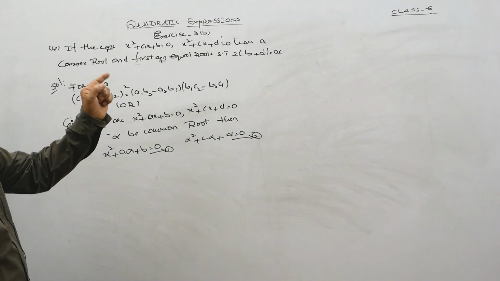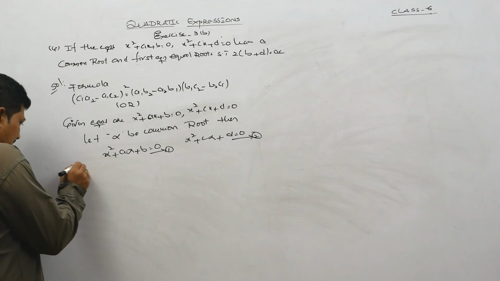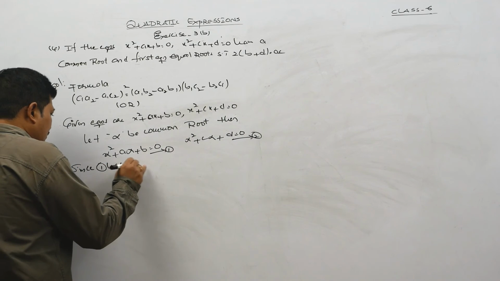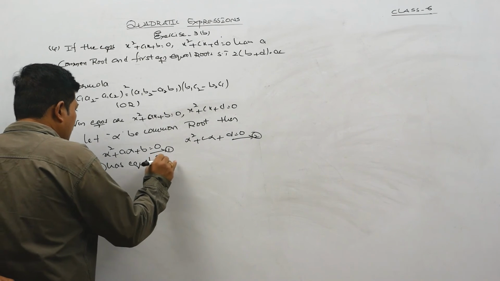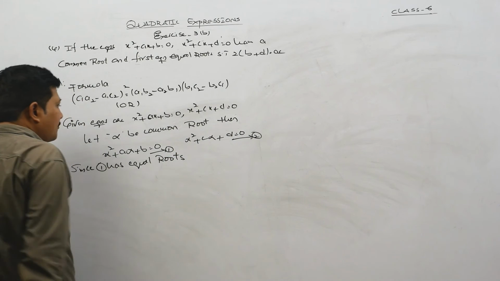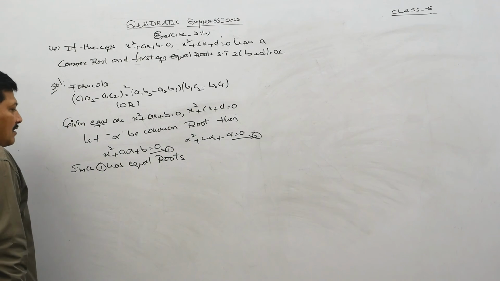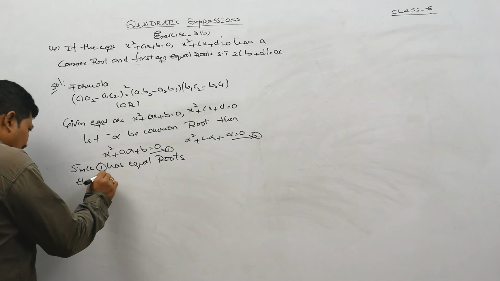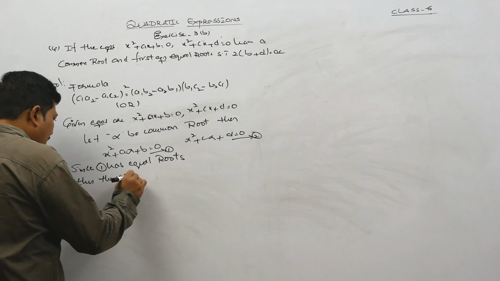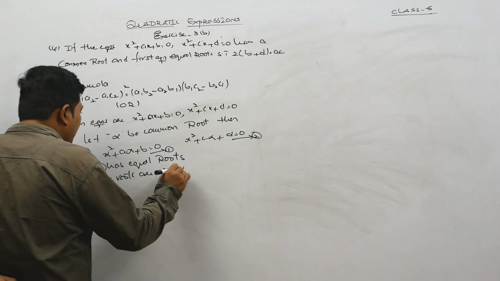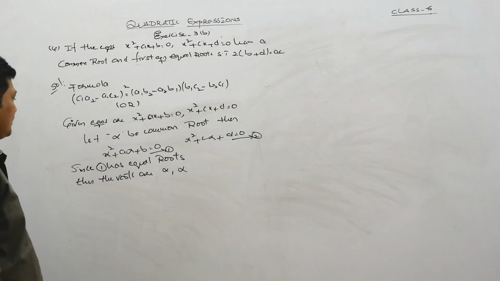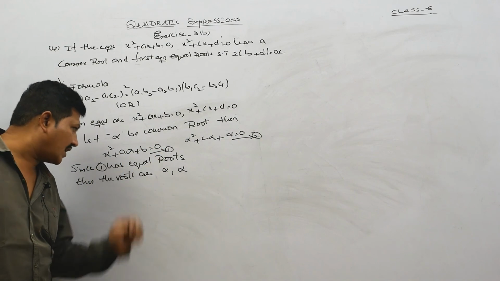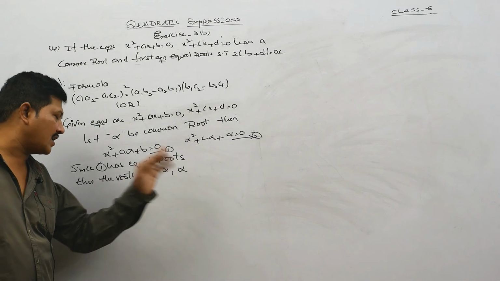First equation has equal roots. Since one has equal roots, and we already said that alpha is one root, then the roots are alpha as well as alpha, because alpha is already a root and the two roots are equal, hence both are alpha and alpha.